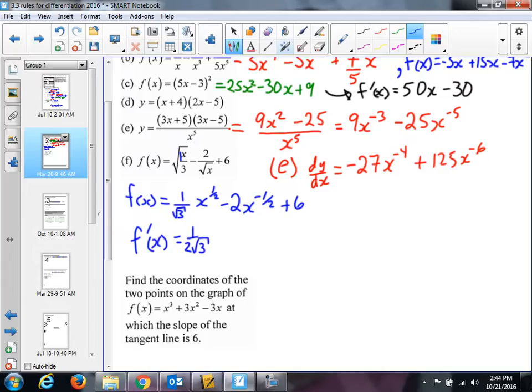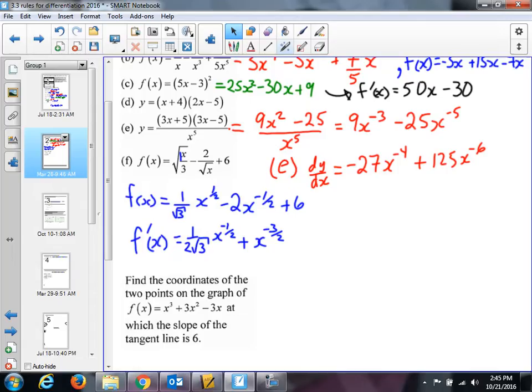And I want you to try. Don't worry about rewriting it with square root notation. Just keep it as negative fractions if you wish. If you ever have to evaluate, though, you should know how to get in there.